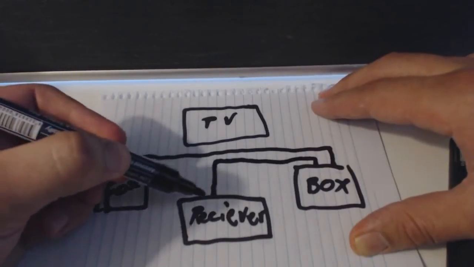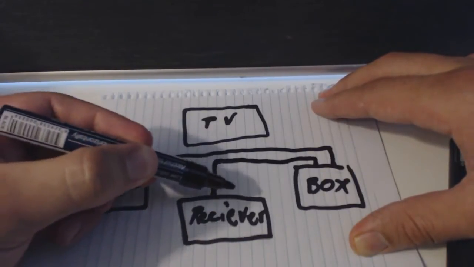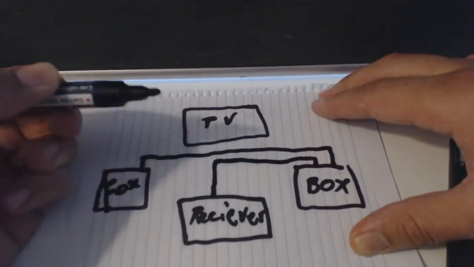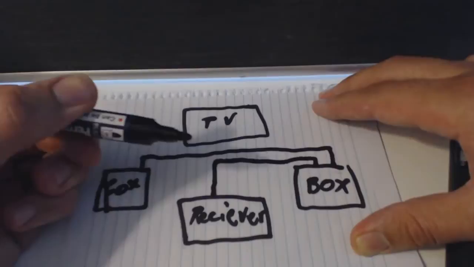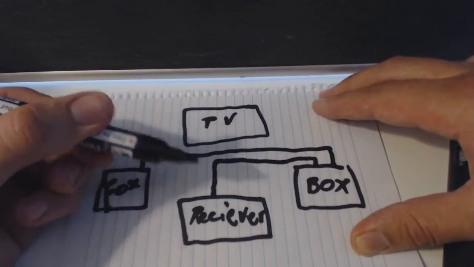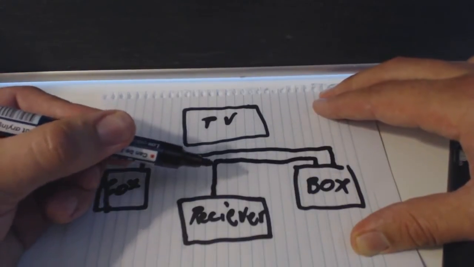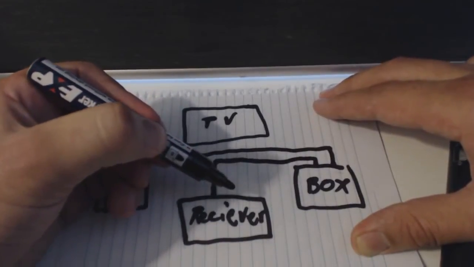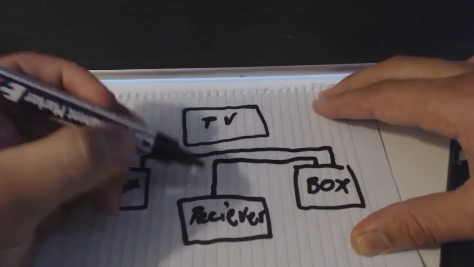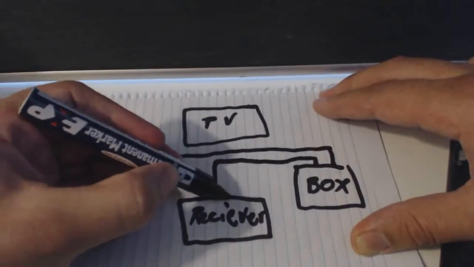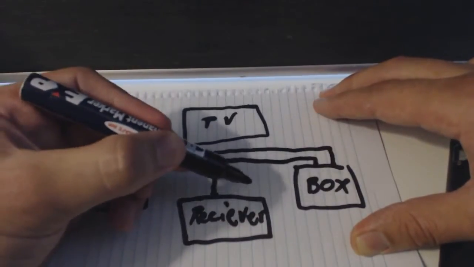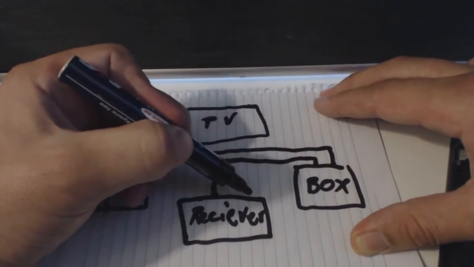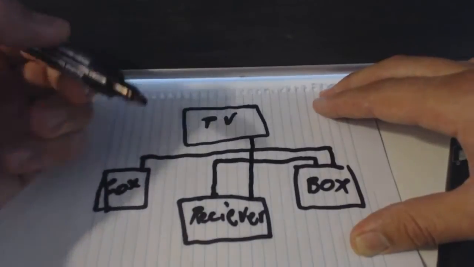For example, I have game HDMI in, cable HDMI in, TV HDMI in. I chose cable satellite HDMI in. I don't think it really matters, but I just chose cable satellite HDMI in. Now on your receiver, there will be an HDMI out. You'll have multiple ins with different names, as I just said, but there will only be 1 out, okay? Well, usually anyway. So from the receiver out, you go to the TV.